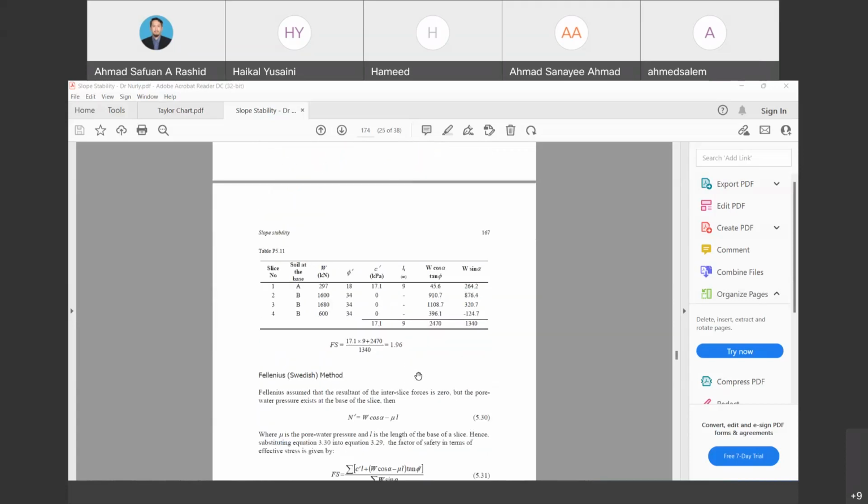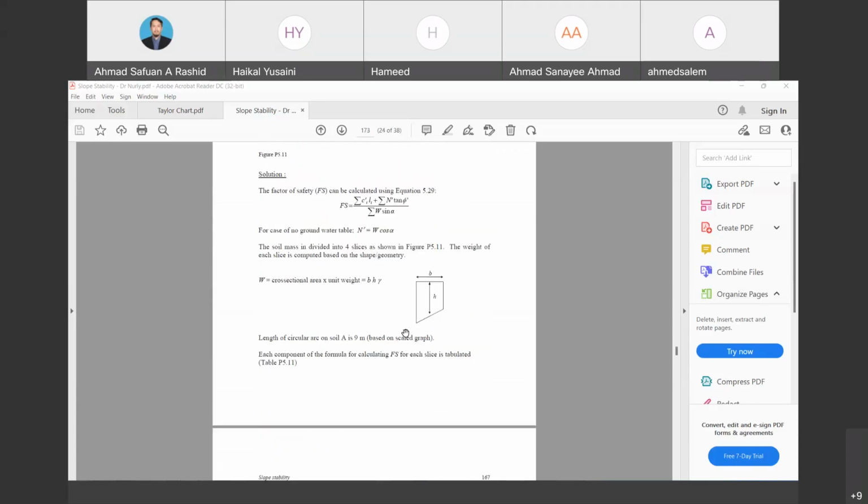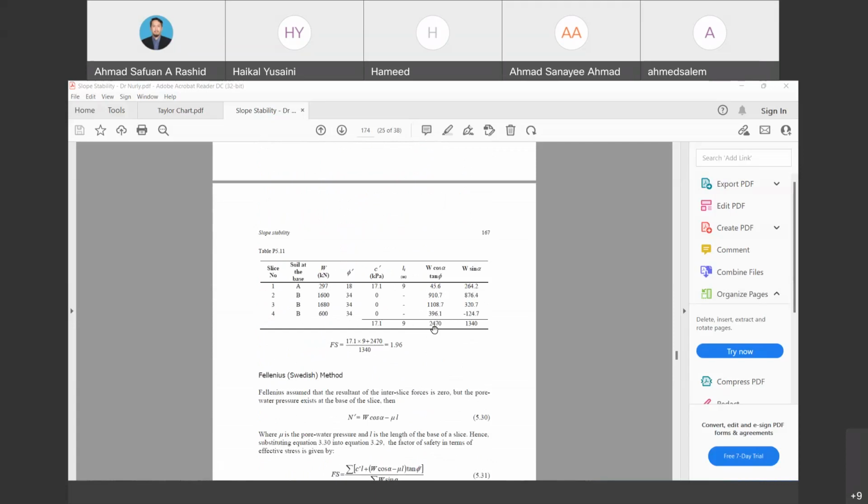The book does not discuss alpha for this example. Later on, the value for the factor of safety is equal to 1.96.